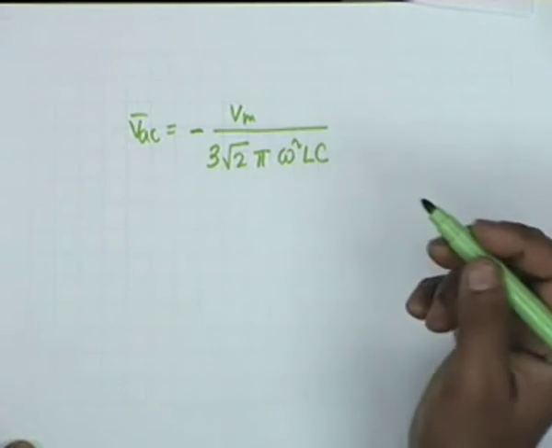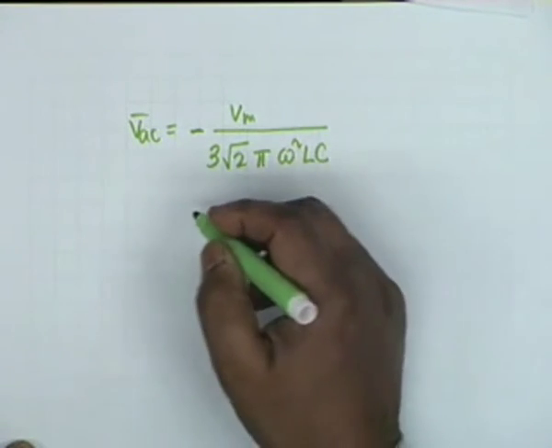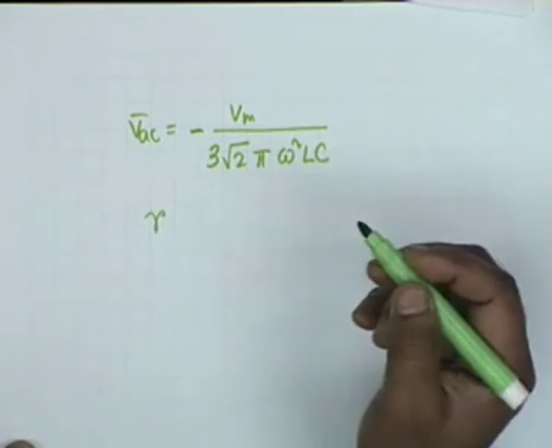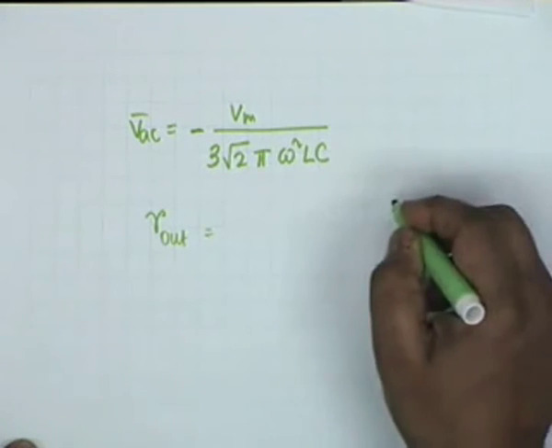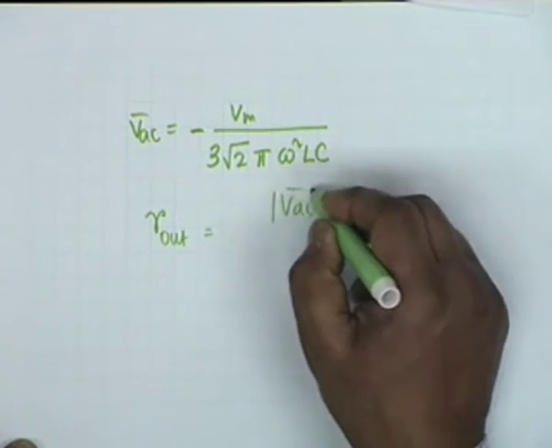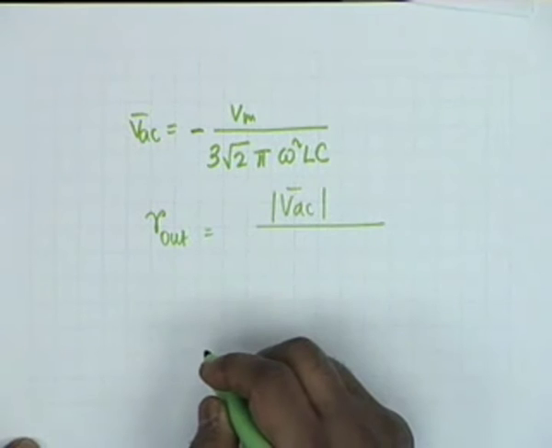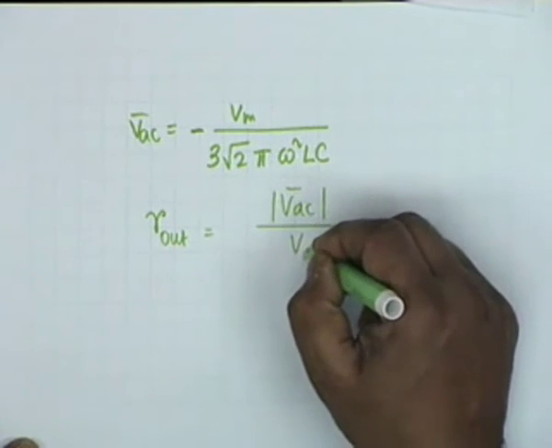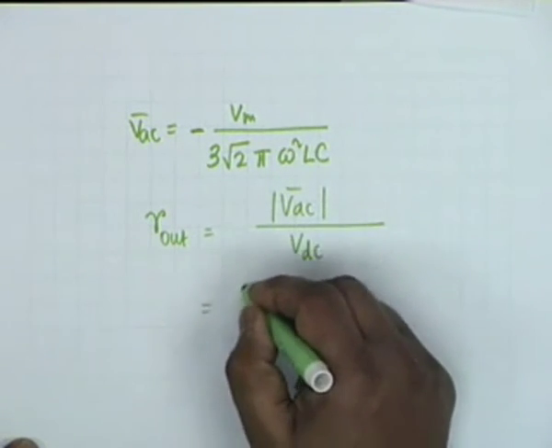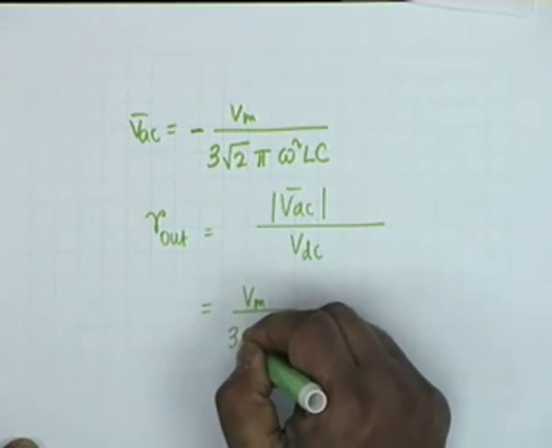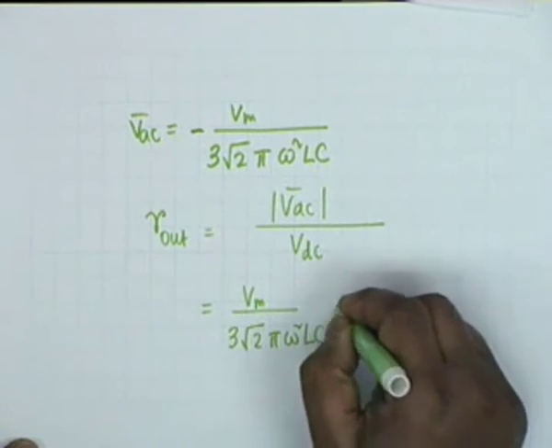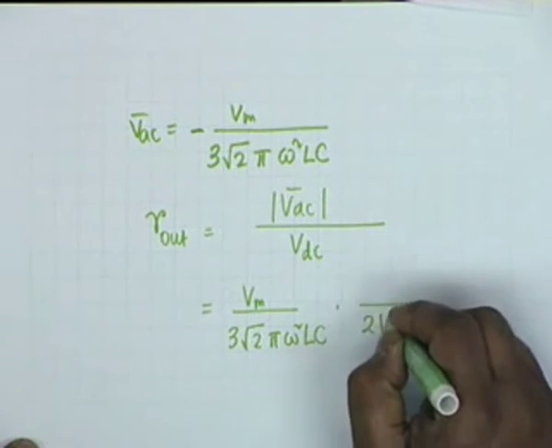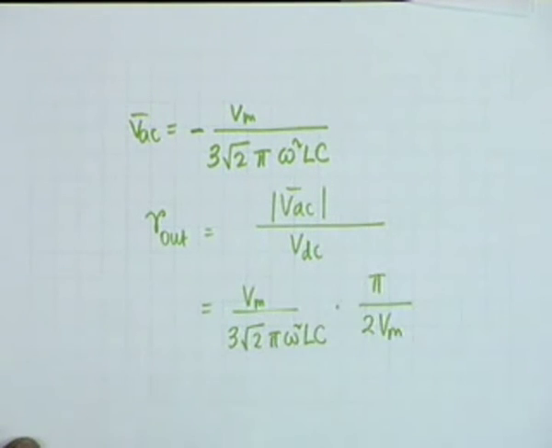Therefore, the ripple factor at the output, which is VAC magnitude divided by VDC, would be equal to Vm divided by 3 root 2 pi omega squared LC, and VDC is twice Vm over pi.